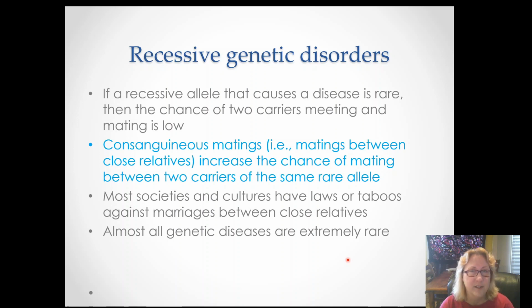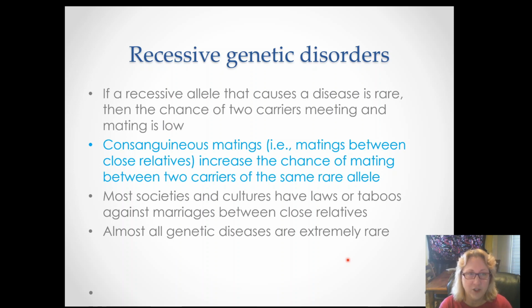There's an estimate that each individual human has approximately 10 recessive genetic disorder alleles. So out of the 25,000 genes in your genome, you're heterozygous for about 10 different recessive genetic disorders.